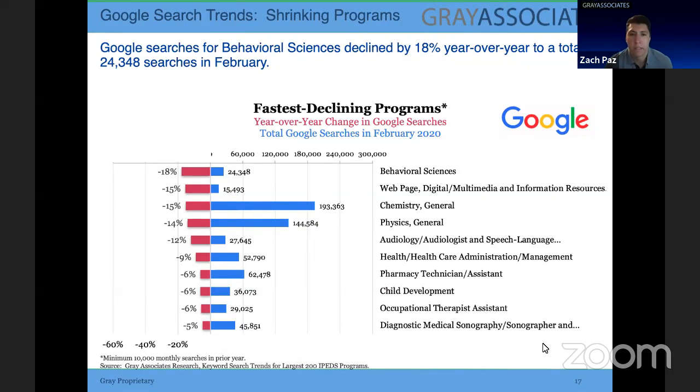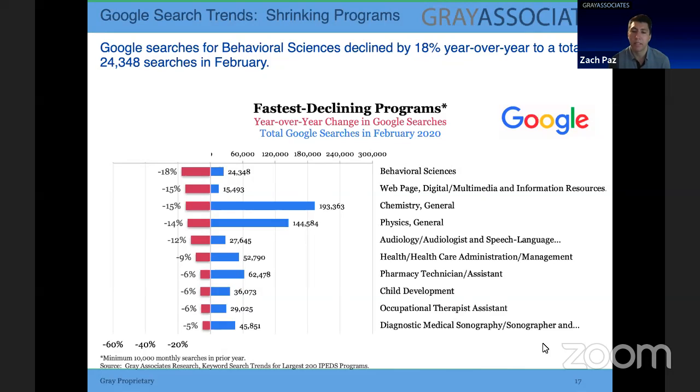Which programs in our system are declining? We'll take a look at the growth in a second, but let me take a second to explain this chart. The red bars on the left side show the year-over-year change in Google searches. That will give you some interesting programs on here, a lot of healthcare programs, including healthcare administration and pharmacy technician, two very different levels there.